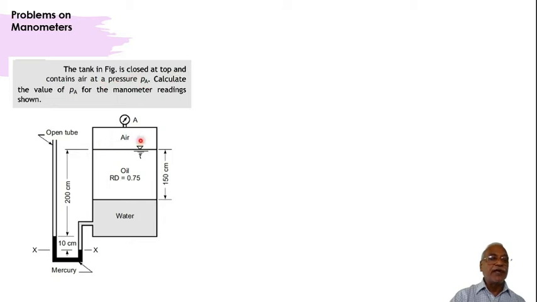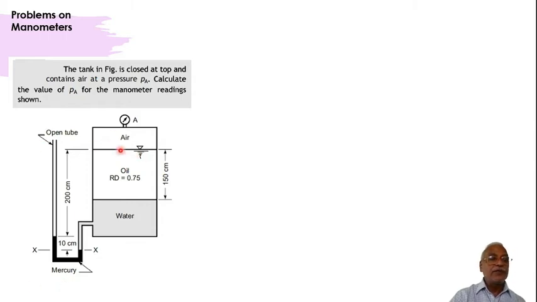There is air here, and the gauge reading over here is PA. Calculate the value of PA for the manometer readings shown in the figure. Now you have to find out the value of PA using all this information.